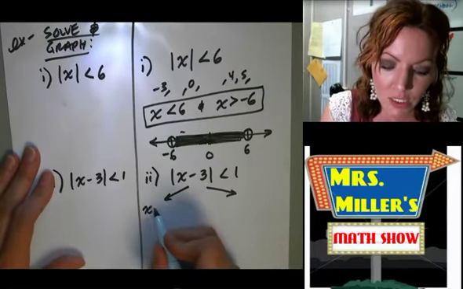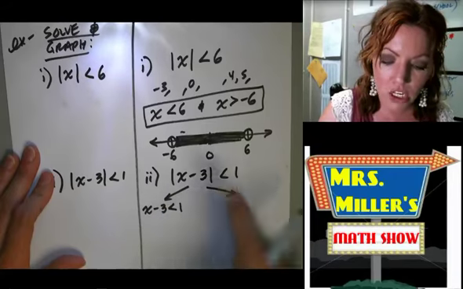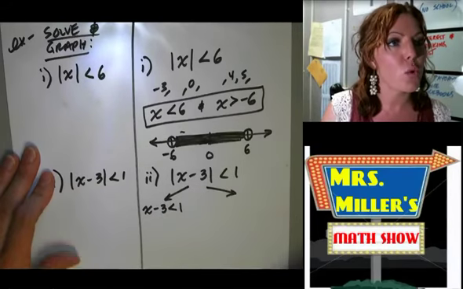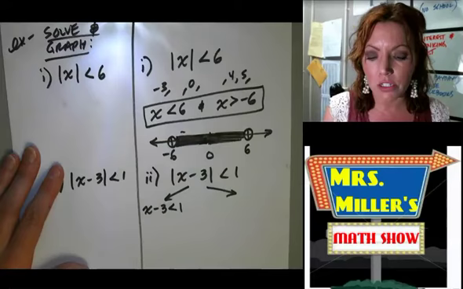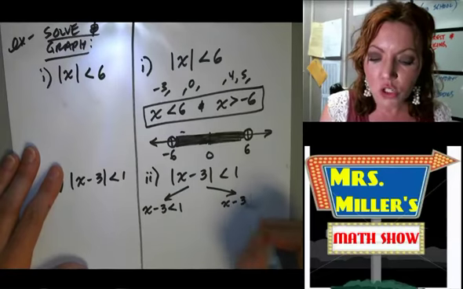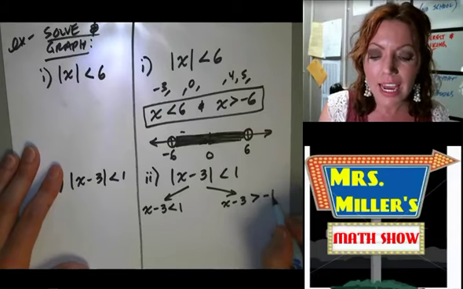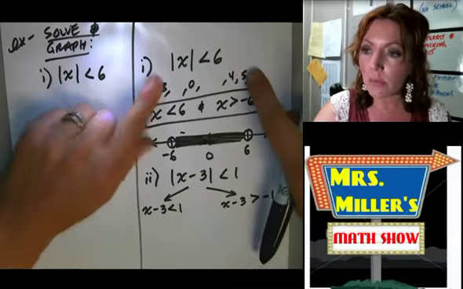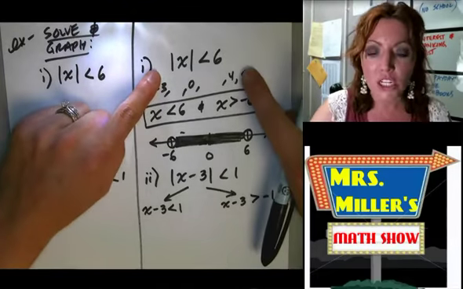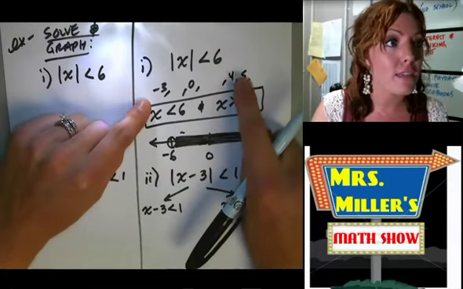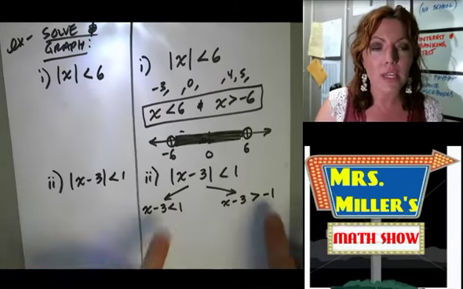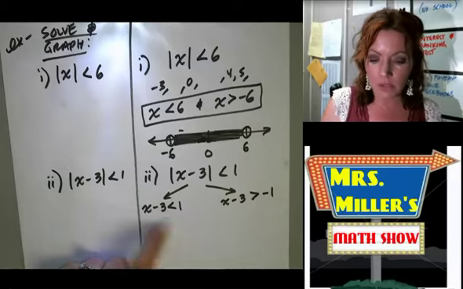We're going to say x minus 3 is less than 1. Everything stays the same in the first inequality, except you remove the absolute value bars. And x minus 3 is greater than, you flip the direction of the inequality, -1. Very similar to what we did in the last problem. We showed why that works by guessing some numbers, but carry that same concept down into the next several problems.